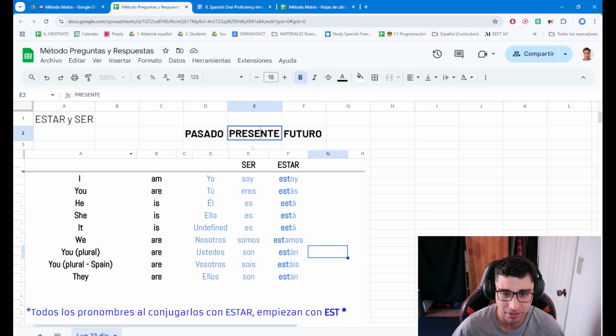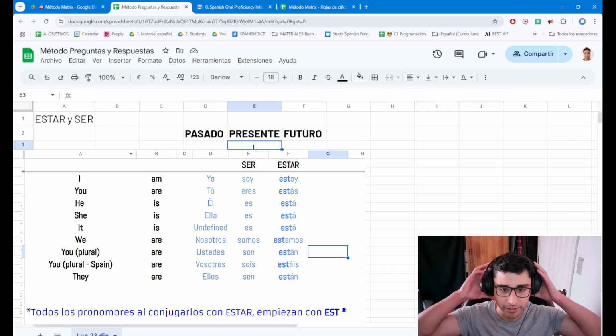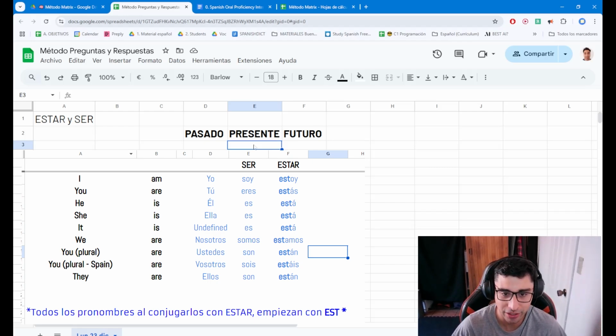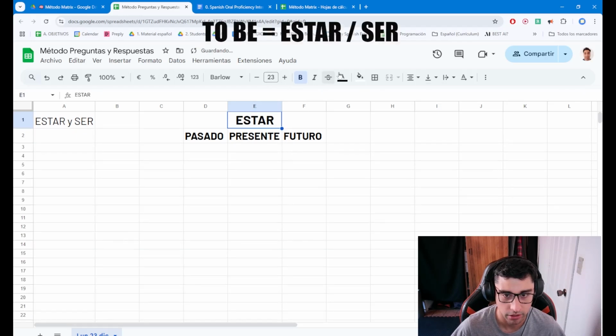Normally, this is what we do when we just start to learn a new language, okay? We use the present a lot. So let's use the verb estar, okay? Estar. Let's make this bigger.